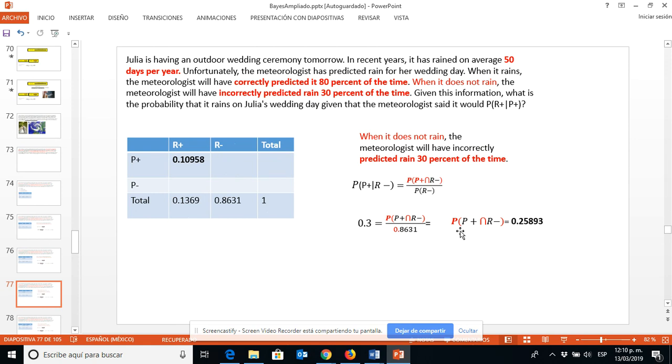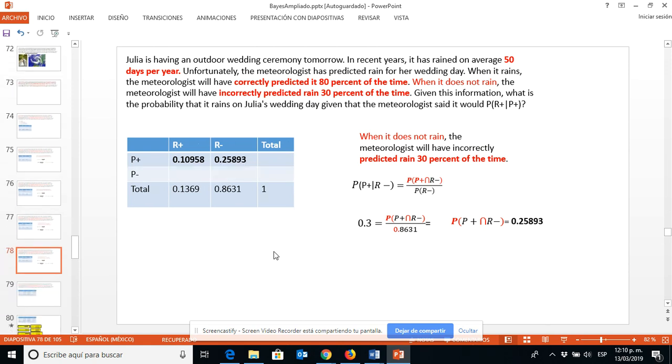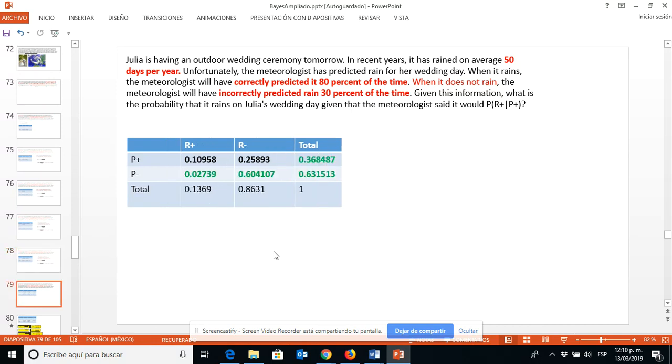And the result is that the joint probability of P plus and R minus equals 0.25893, which we will place in its respective coordinate. Now, with these numbers, we are able to complete our contingency table. And once we have our matrix, we will be able to explore all possible conditional probabilities.